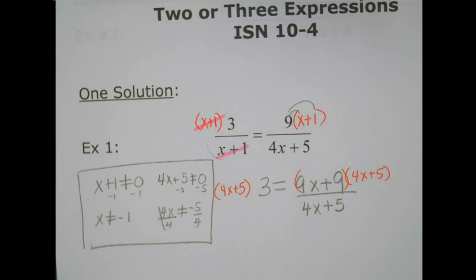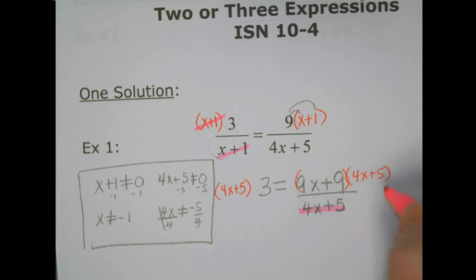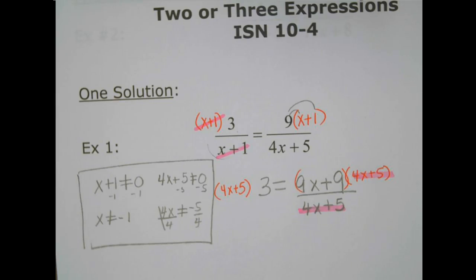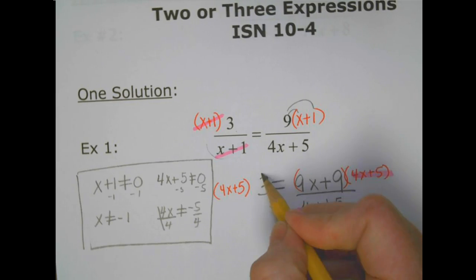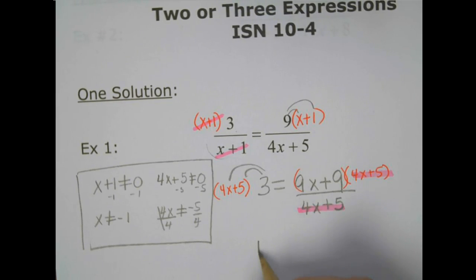What's going to happen to the 4x plus 5? That's going to cancel. And so on this side, I have to distribute the 3.